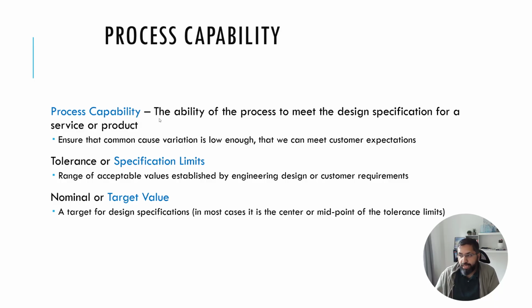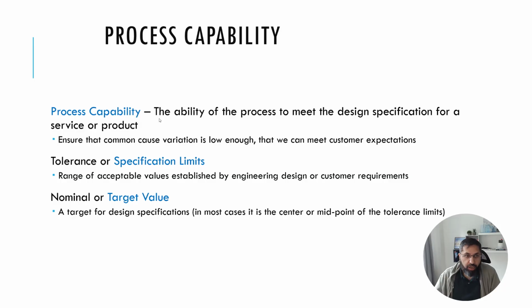Okay, so process capability is the ability of the process to meet design specifications for a service or product. It's very important to recognize that to calculate process capability, you need to know some specifications. And these specifications should not be based on process statistics.